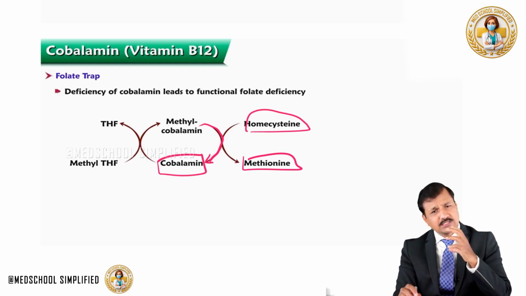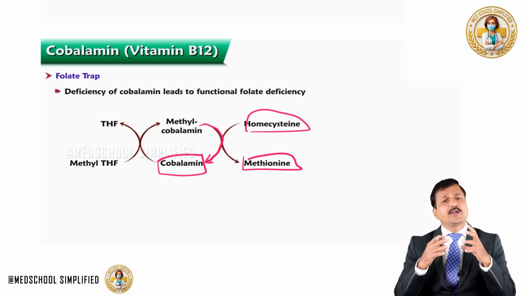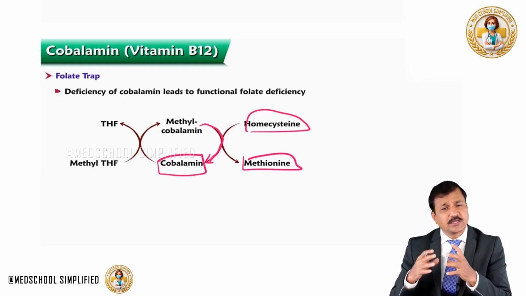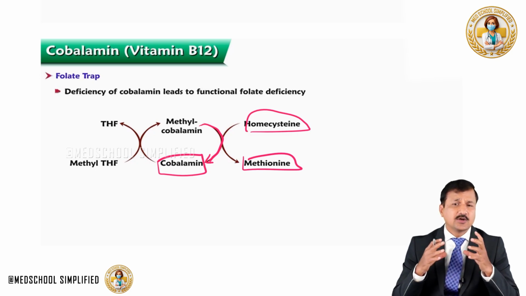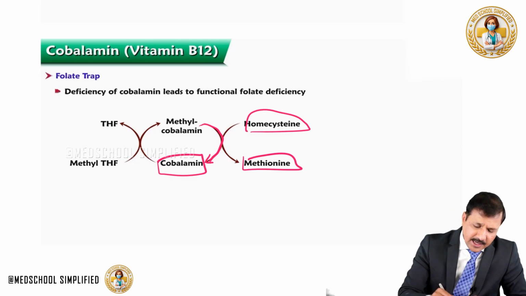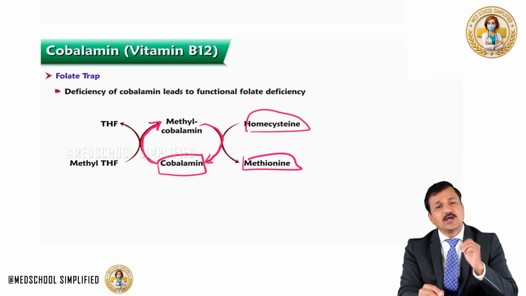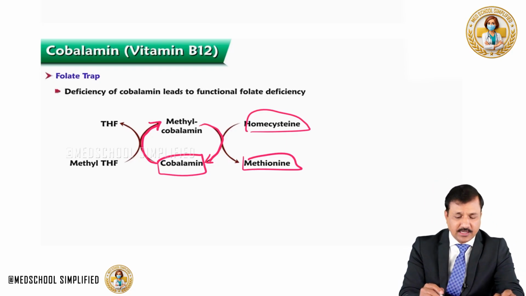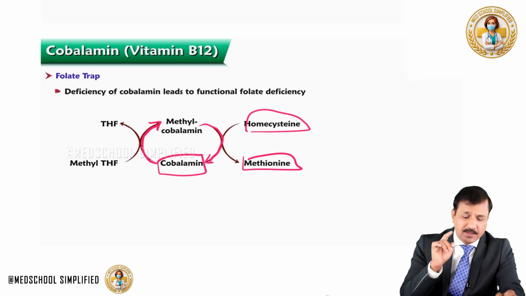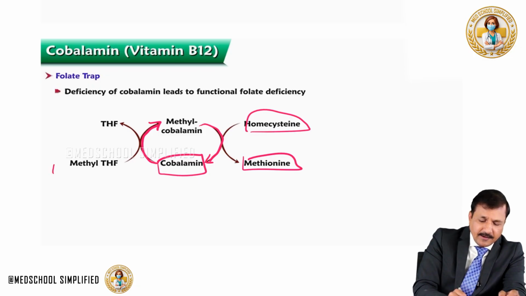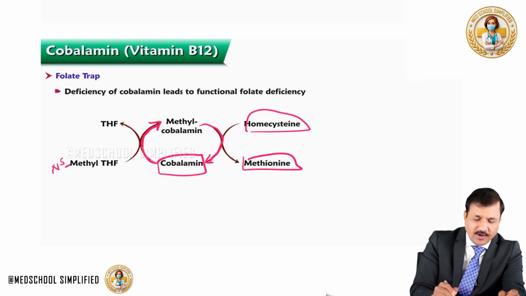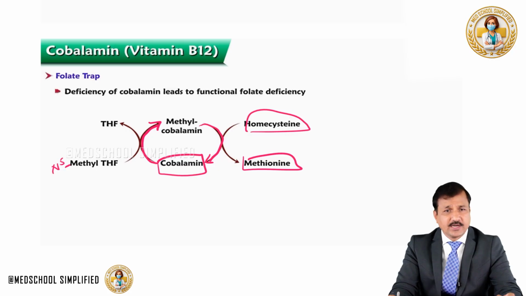The cells need to maintain a good concentration of methylcobalamin inside the cell. So cobalamin has to be converted back into methylcobalamin, and that means we need a methyl group donor. That methyl group donor is N5-methyl tetrahydrofolate.